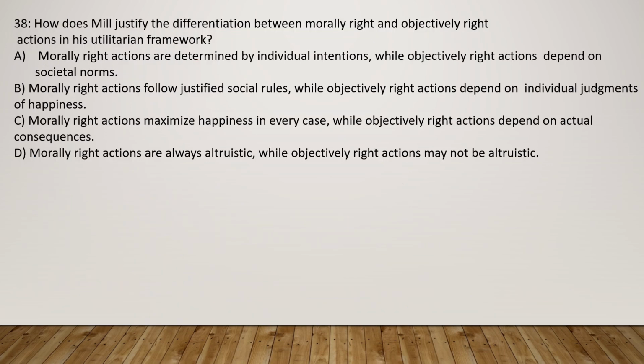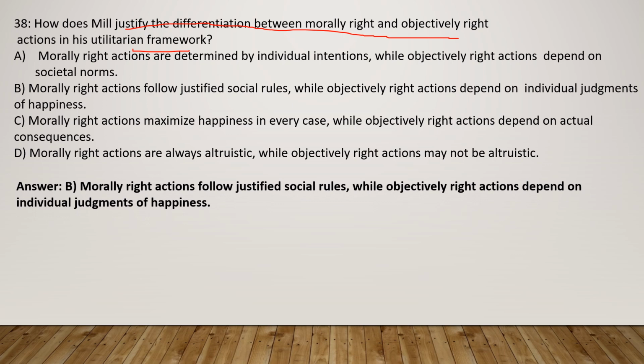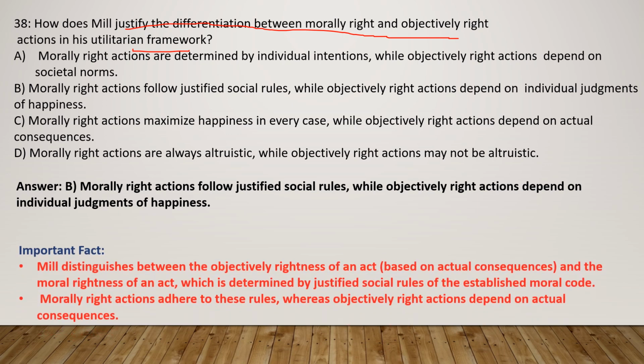How will Mill justify the differentiation between morally right and objectively right action in his utilitarian framework? Morally right action follows justified social rules, while objectively right action depends on individual judgment of happiness.